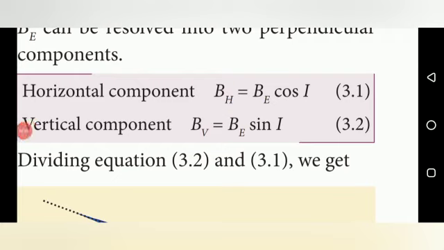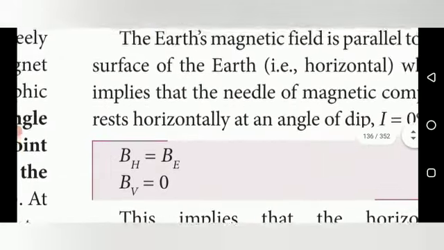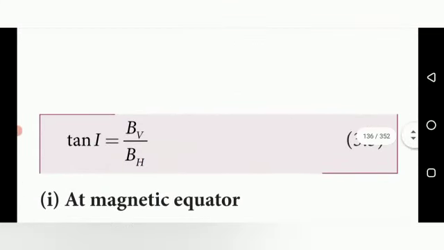So these are the values of the two components, horizontal and vertical. Then divide equation number 2 by 1. Equation number 2 is the vertical component, equation number 1 is the horizontal component. Dividing 2 by 1, sin I by cos I gives tan I, and the BE terms cancel each other, so finally tan I is equal to BV by BH.